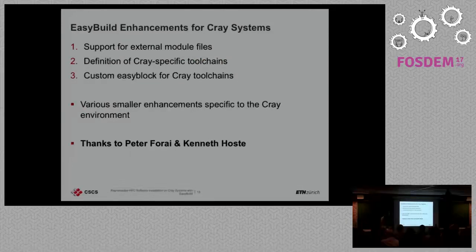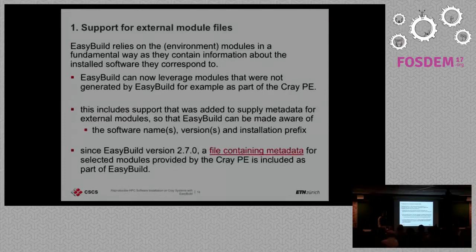The three main features that had to be implemented are the support for external module files, the definition of the toolchains, and the custom easyblock. I want to thank again Peter and Kenneth, but I won't go into details of this implementation because we don't have time here.